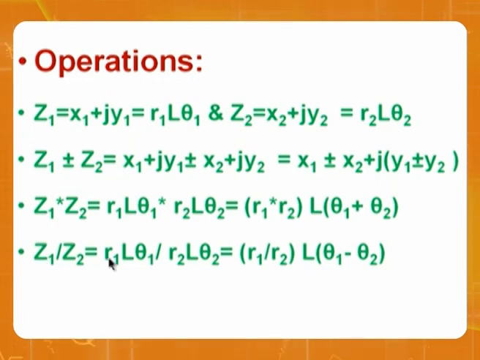If you divide, R1 by R2, angle theta 1 minus theta 2. So please follow these notations as we are going to analyze in AC analysis. In fact, I gave this small introduction of AC at the beginning itself. Why? In every topic we have studied AC. That's why I gave a small introduction there. But now it is purely AC analysis.